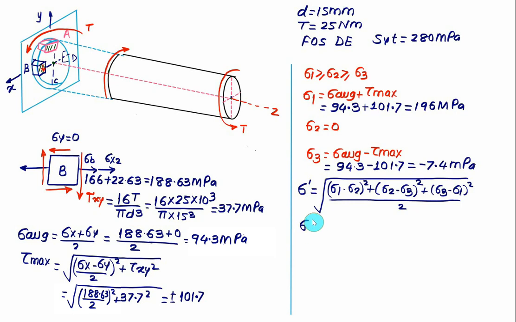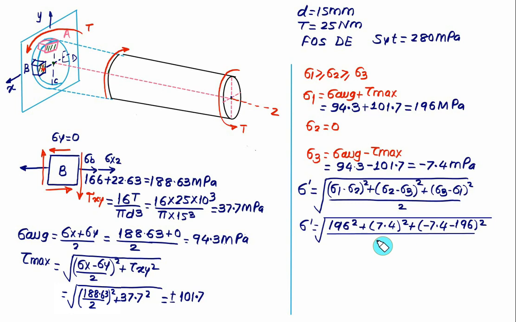So sigma prime will be equal to under root of sigma 1 minus sigma 2, same as 196 square, plus sigma 2 is 0, sigma 3 is negative, negative becomes positive, 7.4 square, plus sigma 3 minus 7.4 minus sigma 1 196, and we have to make a square, and this is further divided by 2.